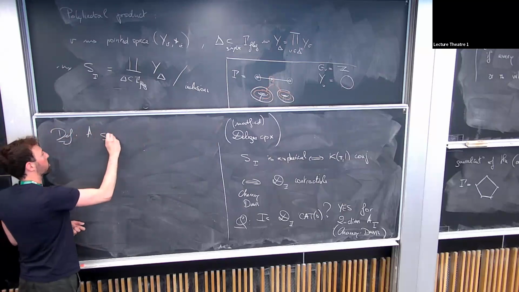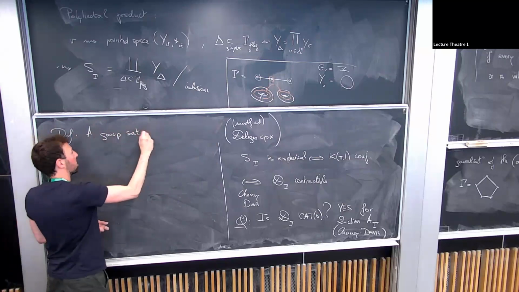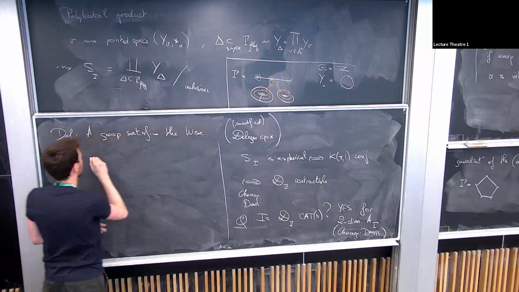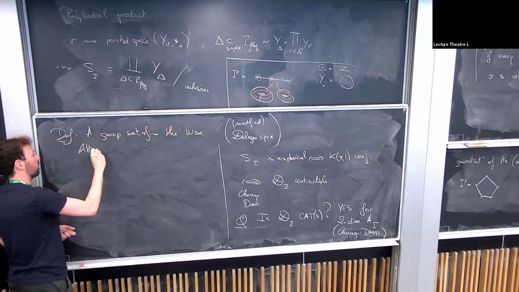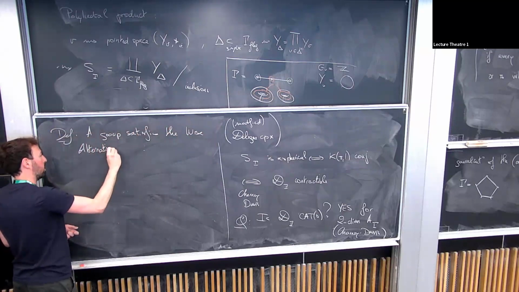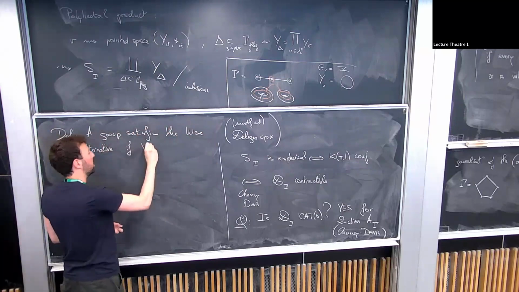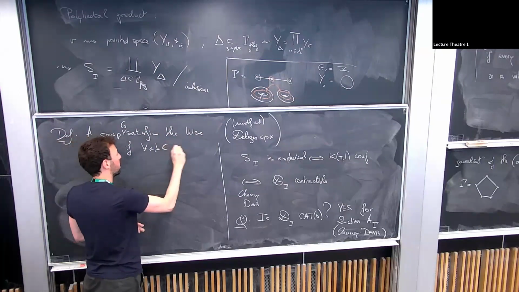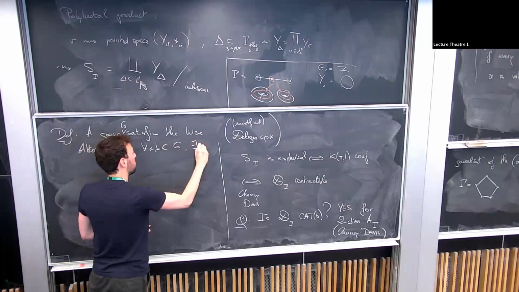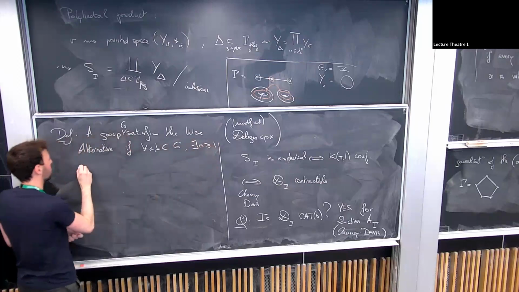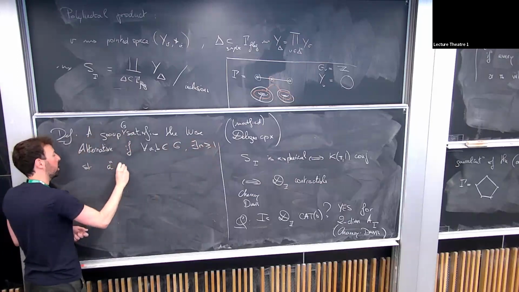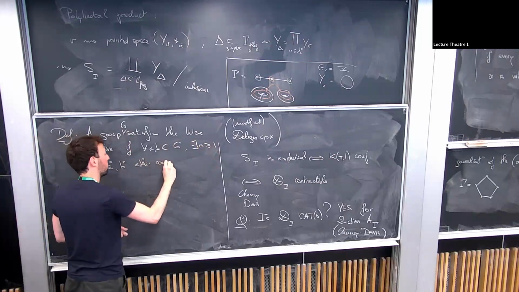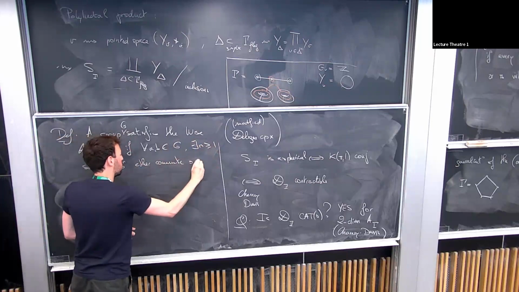So I'm going to say that a group G satisfies the Wise alternative if for every pair of elements A and B in G, there exists an integer n, at least one, such that A to the n and B to the n either commute or generate F2.